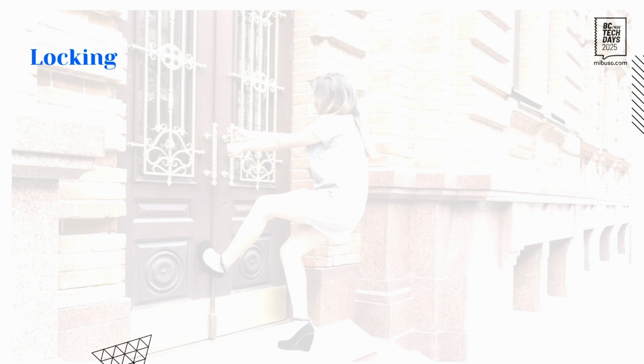Then we come into locking, because I watched one of the good sessions yesterday, and they didn't touch much upon locking, so we thought it was a very good topic.